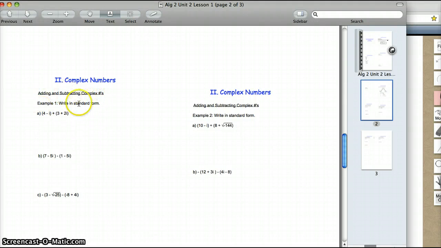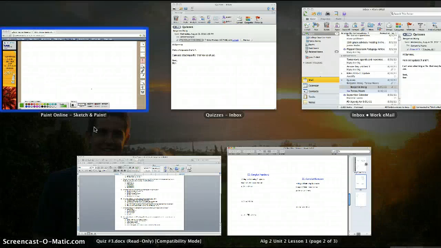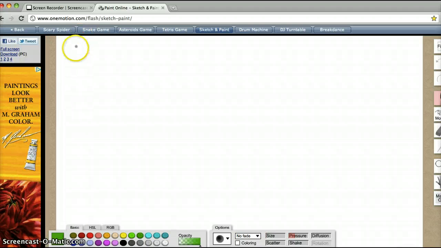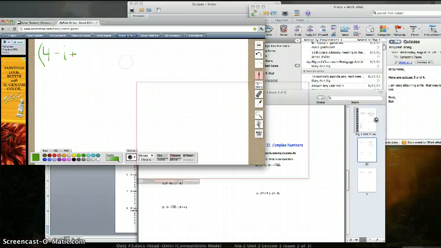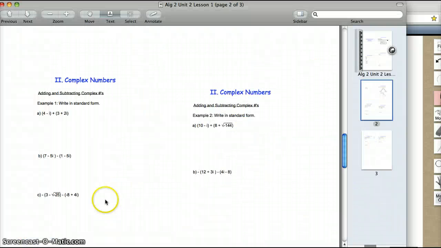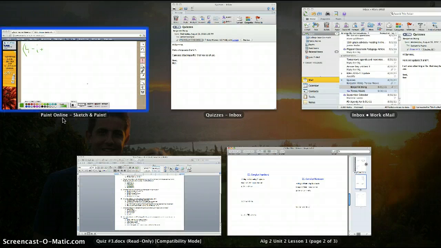Now they need to be written in standard form, which if you can remember is a plus bi. So let's do this first one. It says 4 minus i plus 3 plus 2i.